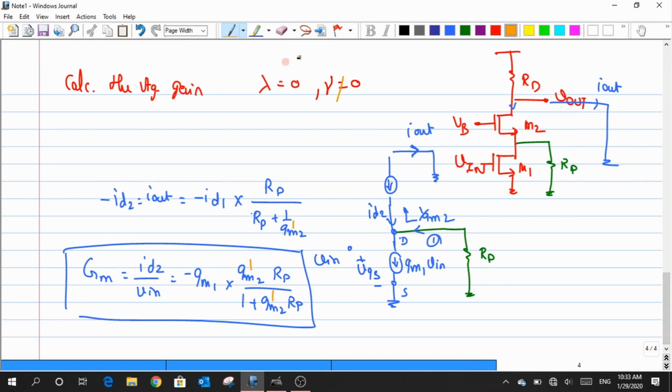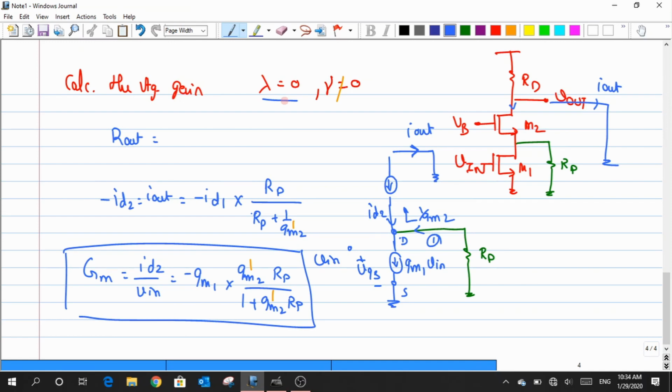What about this R out? If one could visualize that this RP is seen from the drain of this M2, what happens to this resistance? Magnifies, diminishes, which is right? No, I'm looking through the drain.